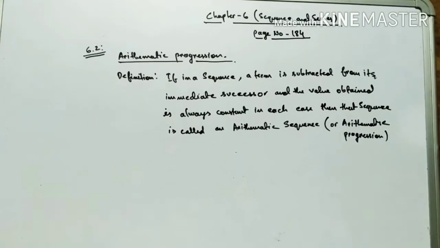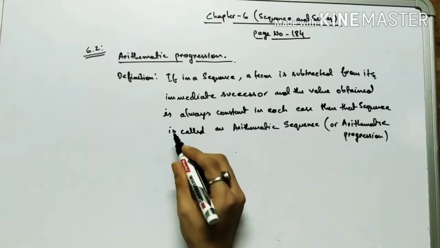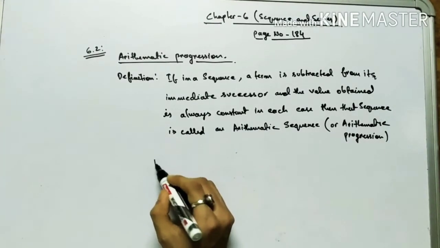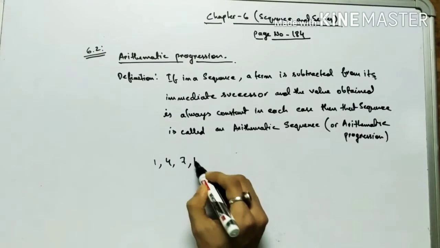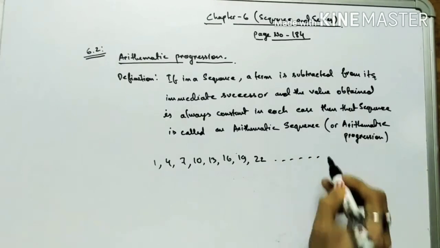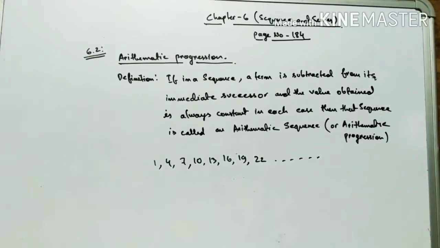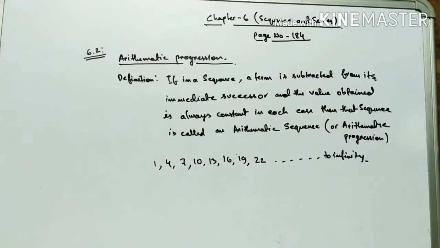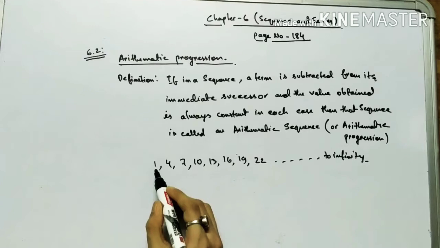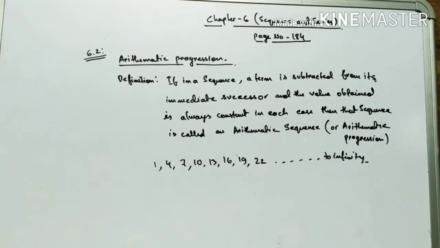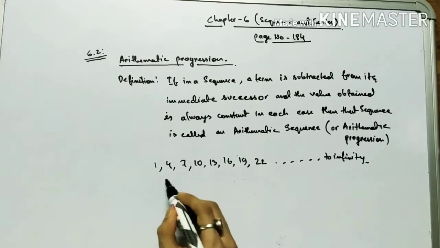Now for example, if I take a sequence 1, 4, 7, 10, 13, 16, 19, 22, to infinity. Here 1 is the first term, 4 is the second term, 7 is the third term, and so on.